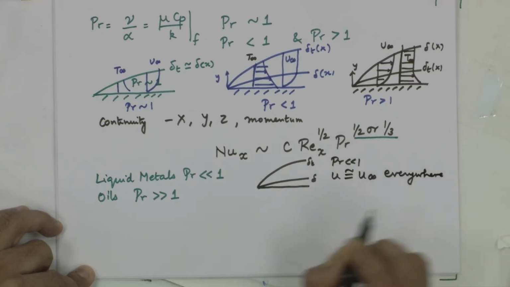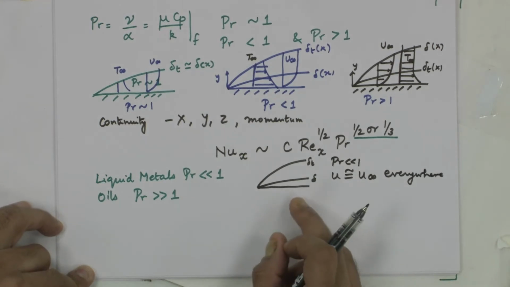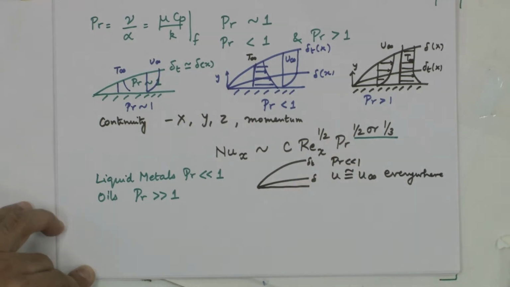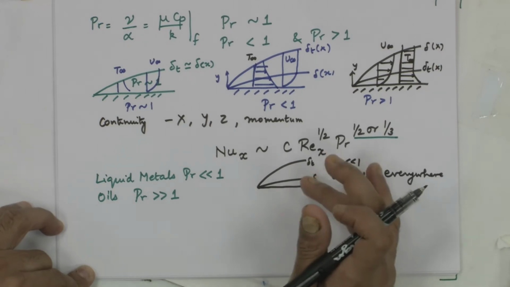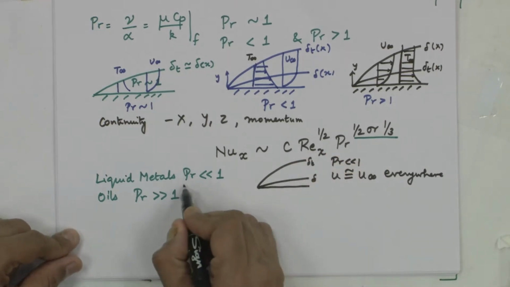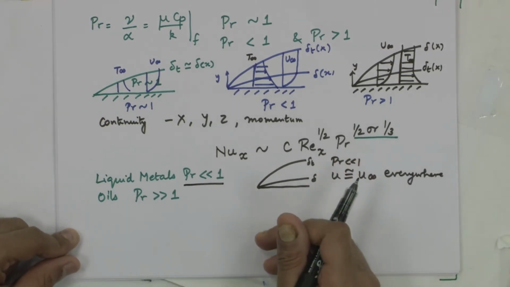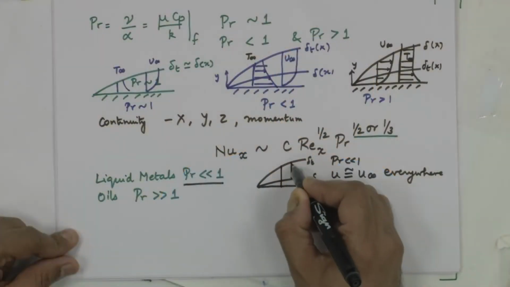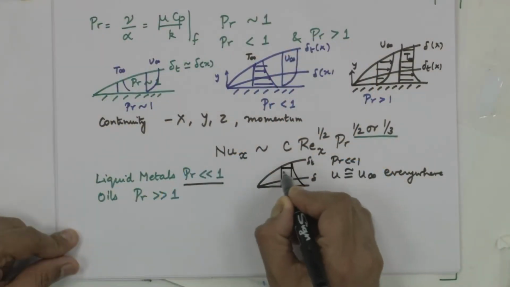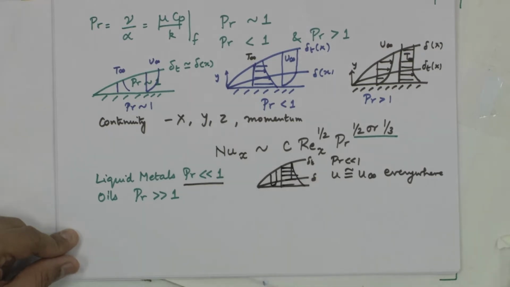What I showed you in the last module was where these were different, but they were not very small and very large compared to each other. If this was of a certain delta, this probably is 2 or 3 times that. Now we are talking of a situation where Pr is much less than 1, in which case delta is much smaller compared to delta T, and the thermal boundary layer is doing this, while the hydrodynamic boundary layer is at U infinity throughout.